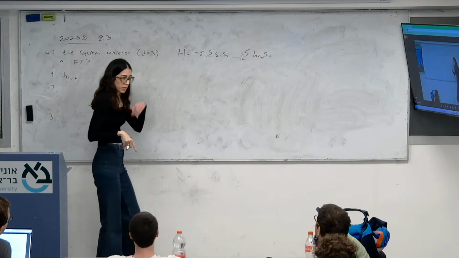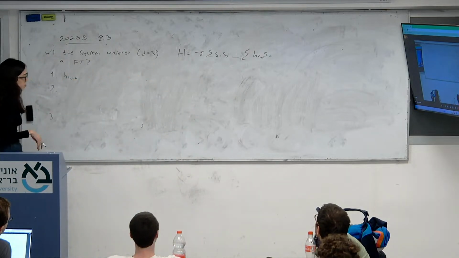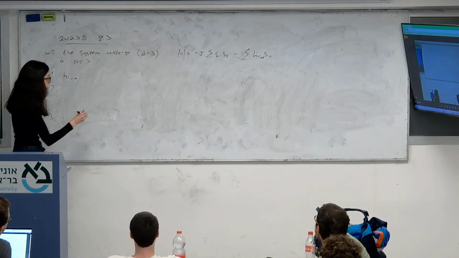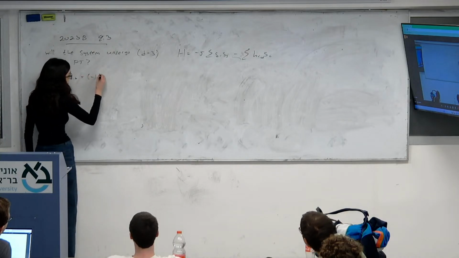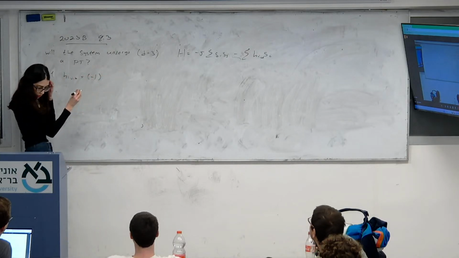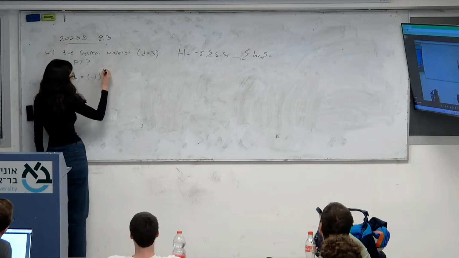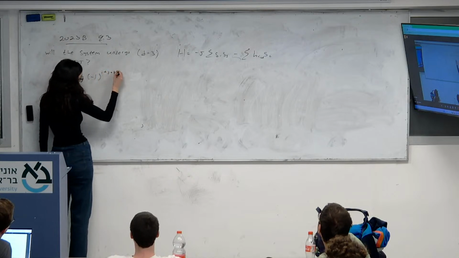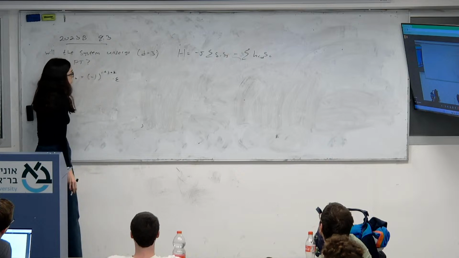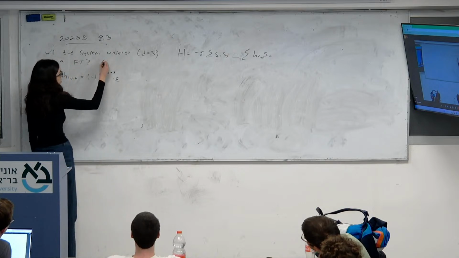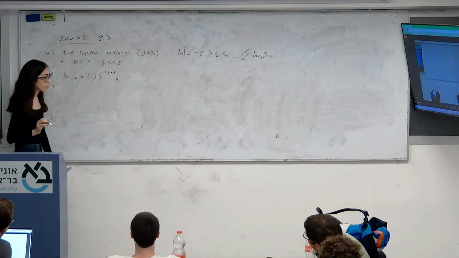Because you have 3 dimensions, you have 3 coordinates, it is equal to (-1) to the power of i plus j plus k, multiplied by epsilon. And it's given that epsilon is very small.